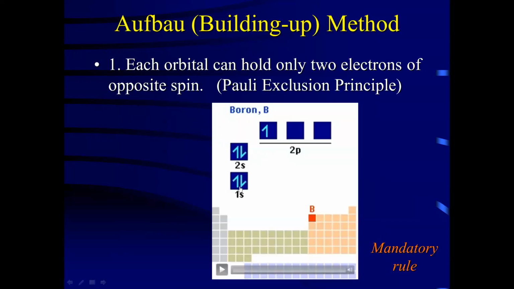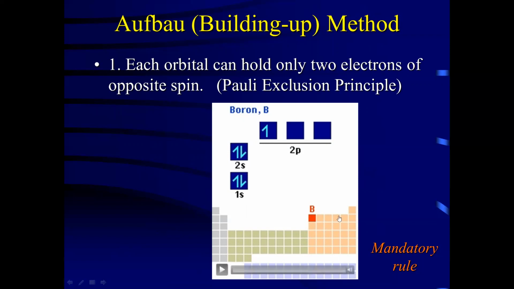For example, we start from here, holding up to 2 electrons. We have to fill the electrons into the lower energy orbitals first. We know 2s has higher energy compared with 1s. Why? Because the principal quantum number is related to size and energy. So here we have the higher principal quantum number, which means higher energy.